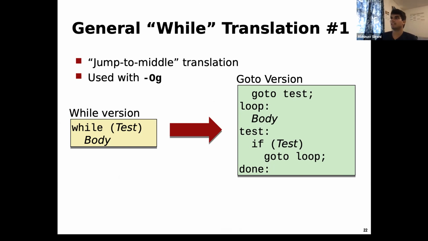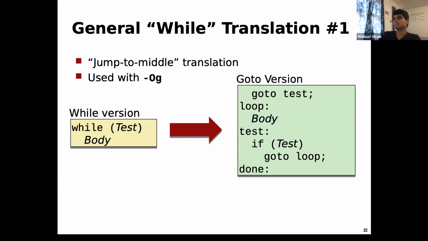And then this is a while translation. If we have a while loop instead of a do while loop, this is how it would get translated to goto. We have a while loop that executes a test and then executes the body. Initially, right as the function starts, it goes straight to test, which is exactly what happens in the while loop. A do while loop would allow the body to run at least once, which is what do while is for.